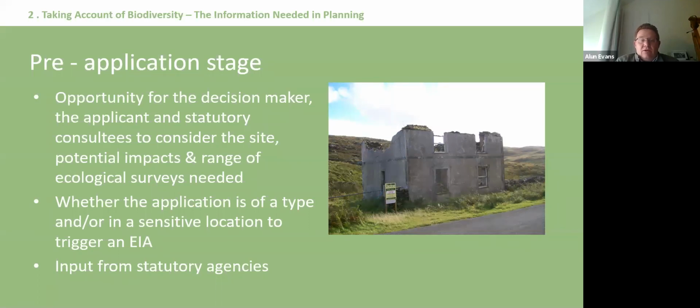Also consider whether the application is of a type or in a sensitive location to trigger the need for environmental impact assessment. As I said earlier, it's also an opportunity for input from the statutory agencies, which for some applicants may be through the increasingly paid discretionary advice service that operates in Natural England and the Environment Agency, and I understand also applies to Natural Resources Wales for some of their remit.